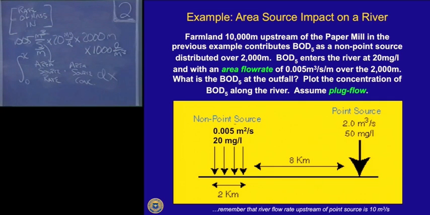Okay, it's cubic meter. The area source rate, the area source concentration. And if I integrate this, these are not functions of x. They're constant.